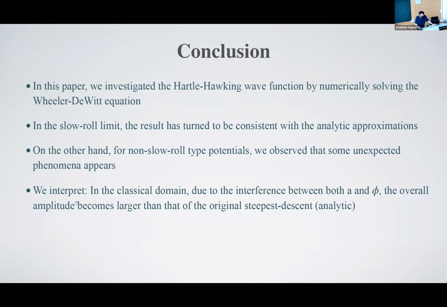Our interpretation is that in the classical domain, due to the interference between A and pi, the overall amplitude becomes larger than that of our original analytic solution. Okay, so thank you.